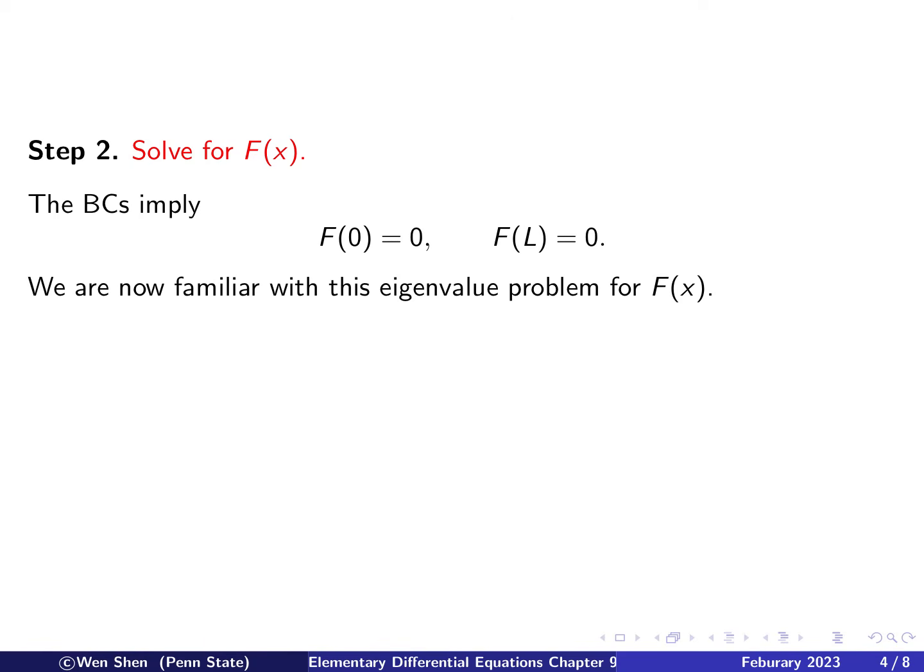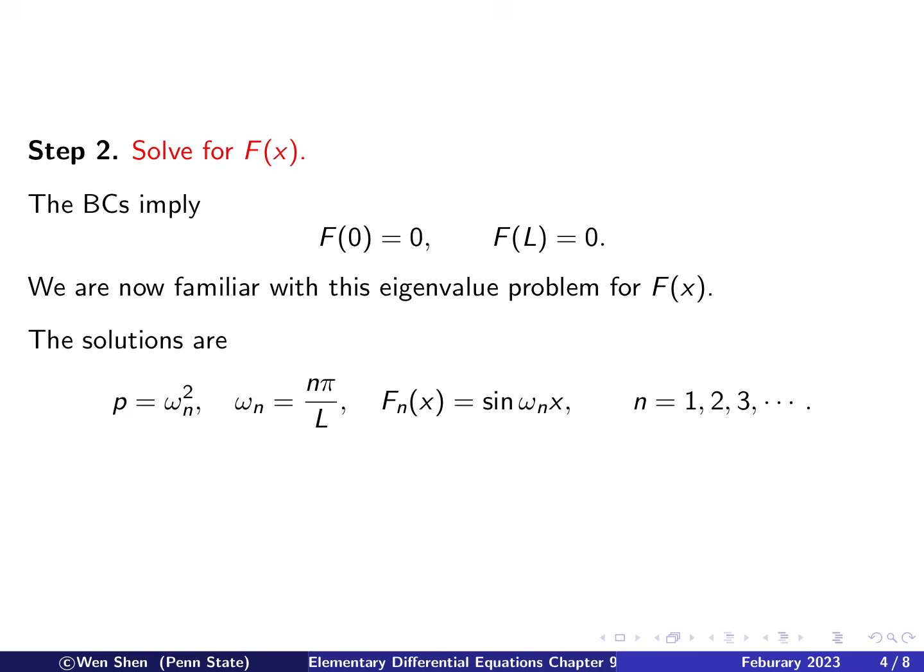Okay, so step 2 now will be to solve for f. This step is pretty much the same as before. We notice the boundary condition for the equation now implies a boundary condition for f. f at 0 and f at L must be 0. So for the eigenvalue problem, we'll have 0 Dirichlet boundary conditions. We are very familiar with this, and we can write out the solution right away.